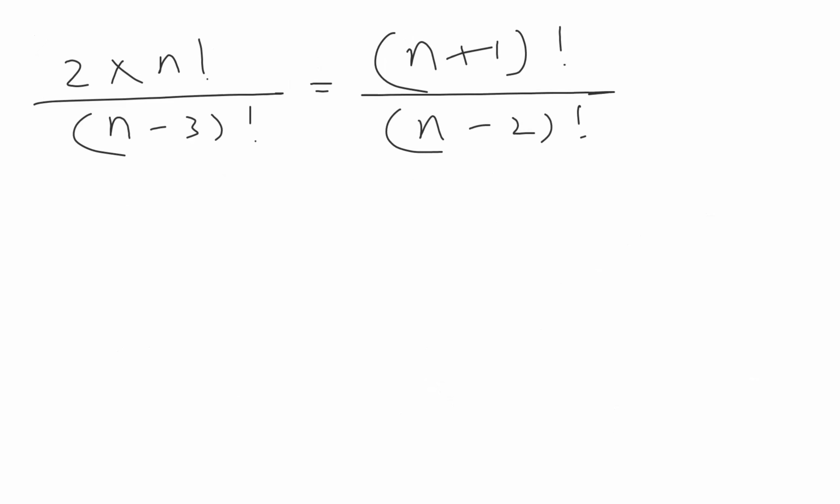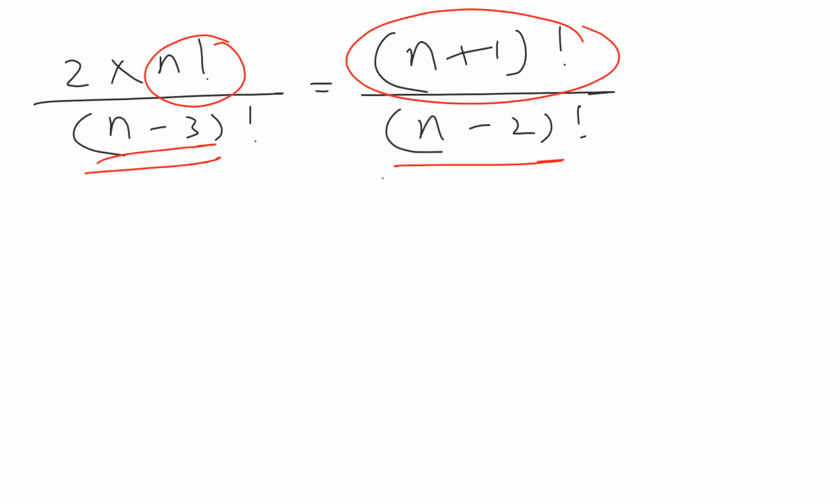Now if you notice, n and n plus 1 are consecutive terms. n minus 3 and n minus 2 are consecutive terms. Agreed or not agreed? Or do you disagree with me? Okay, so n and n plus 1 are consecutive, n minus 3, n minus 2 are consecutive.